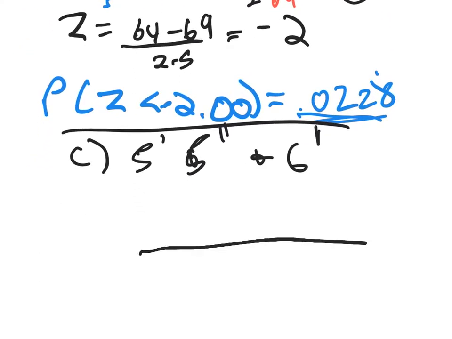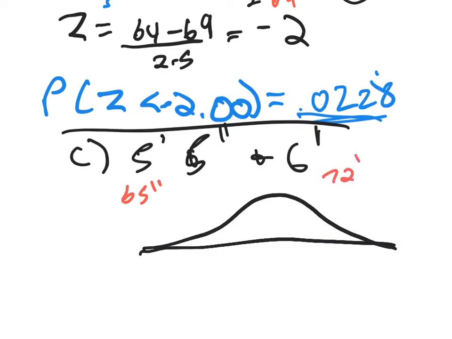So the basic picture, 5 foot 5 is how many inches? 65 inches. 6 feet is how many inches? 72. So the average was 69. So 65 must be to the left, and 72 must be to the right. So I'm looking for this area here.